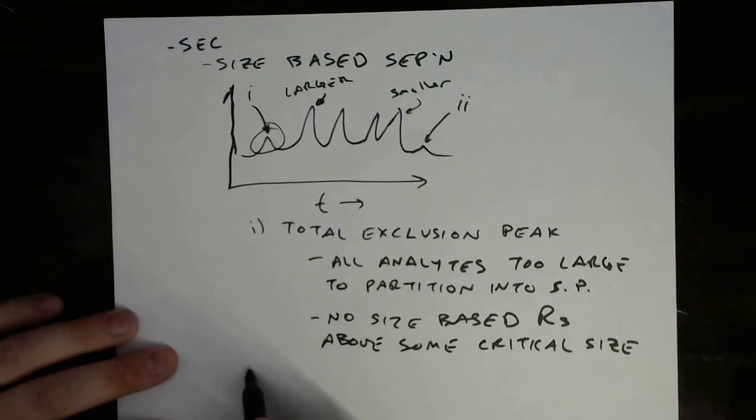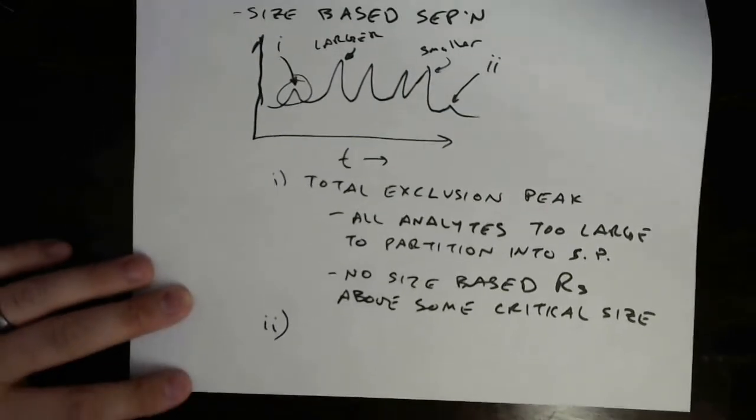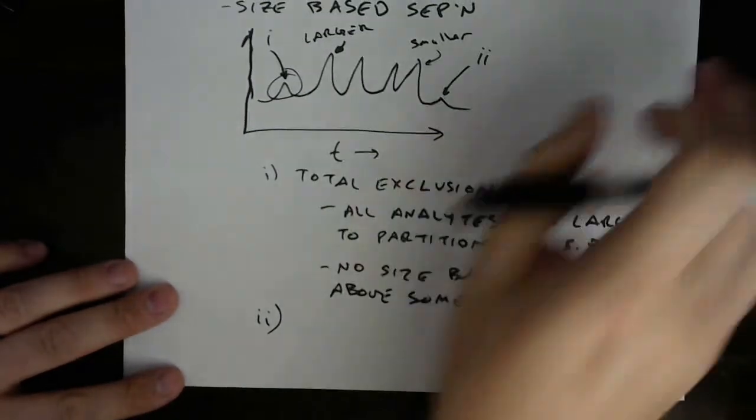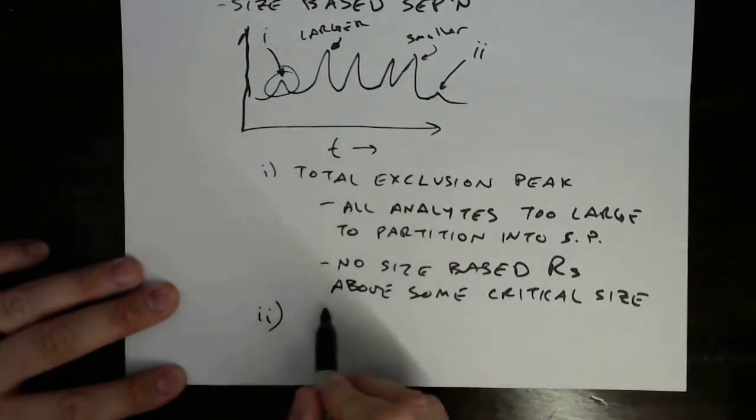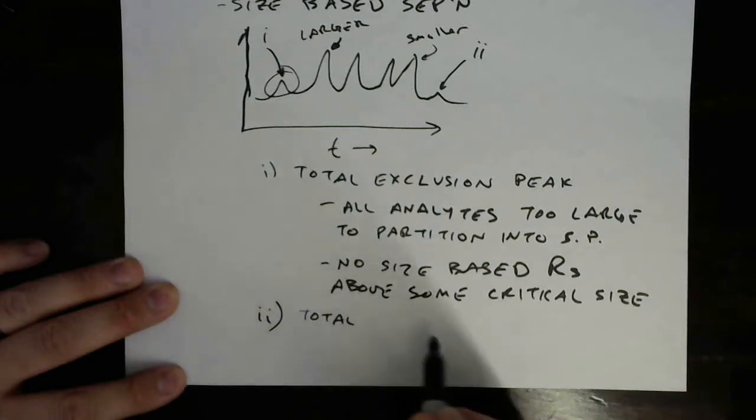Okay, the second one here, 2. This is called the total inclusion peak.